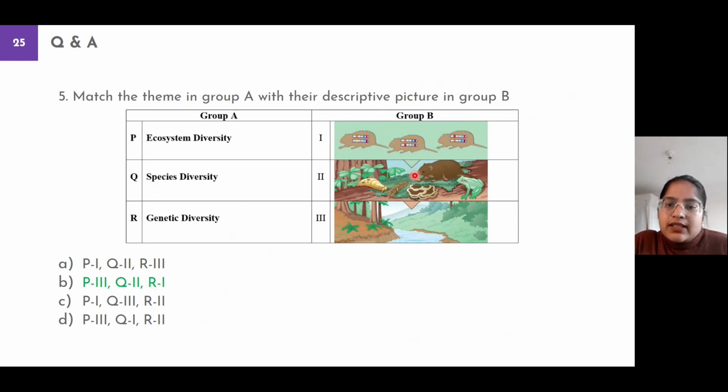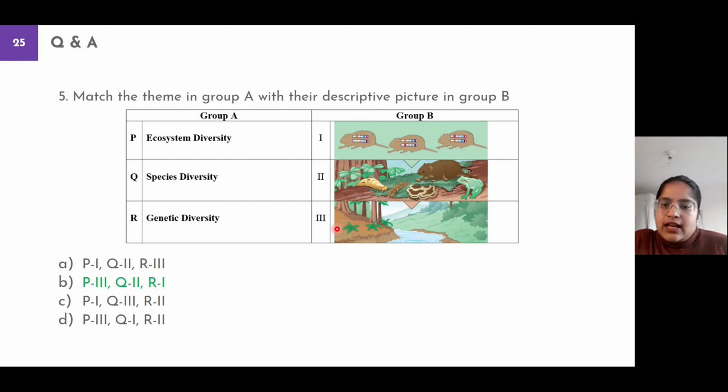Next, we look at the second image, which has a variety of species and animals coming together. We see a snail, a rat, a frog, fungus, tree leaves, a type of weeds, grass, and other things. These are different species which are together, so this image corresponds to species diversity. So Q matches with 2.